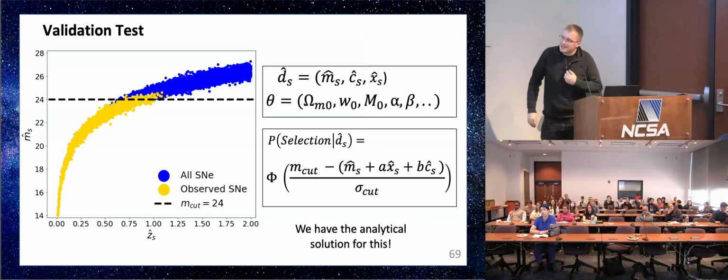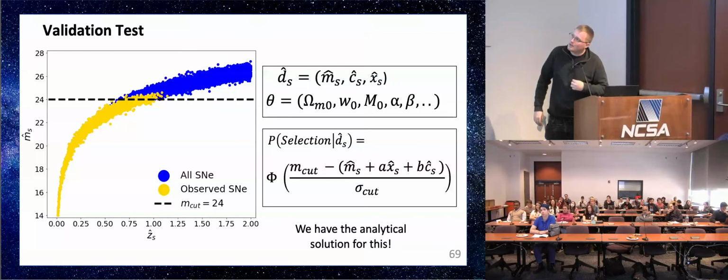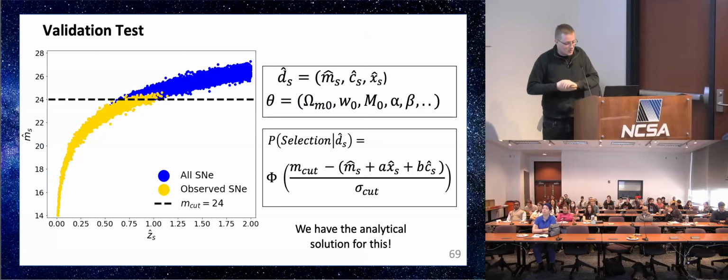So a quick test to prove that this works, we're doing it on a toy model to check that it works. The toy model is actually assuming an analytical selection function. We do this because we've got an analytical solution to this, so we can really check that the normalizing flow is learning what it should, and then you can place it in your hierarchical model and compare the analytical posteriors.